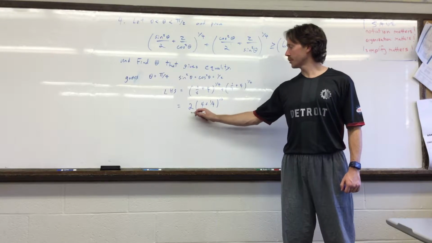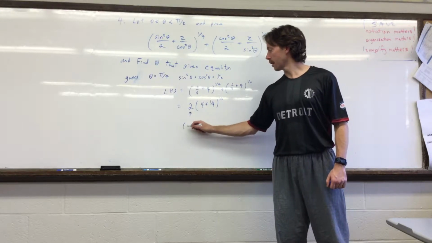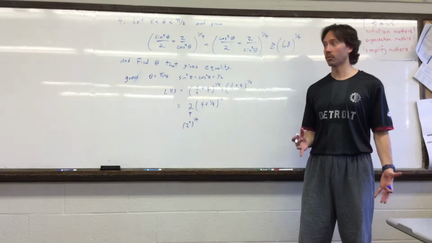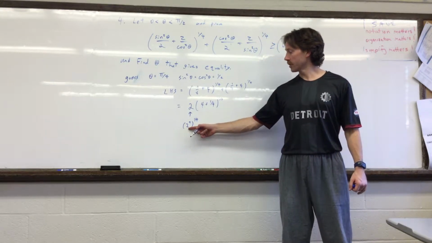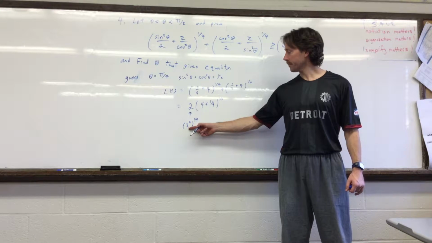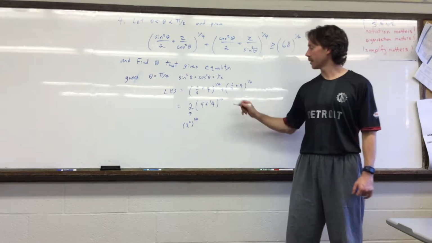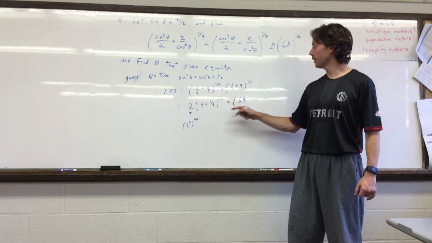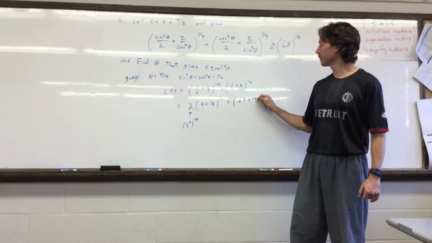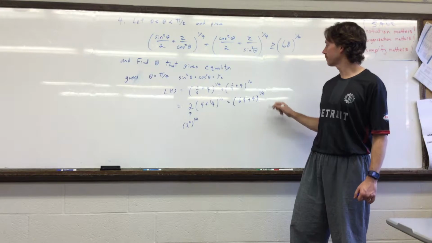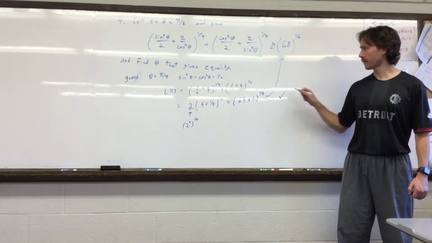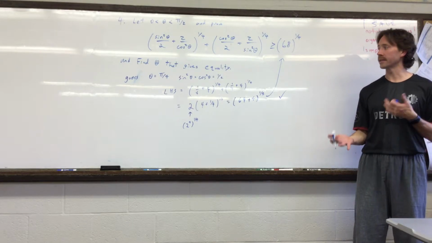If I think of this 2 as 2 to the 4th to the 1/4 power, where 2 to the 4th is 16, I can multiply inside: 16 times 4 is 64, and 16 divided by 4 is 4. So we have at least one case that gives equality.